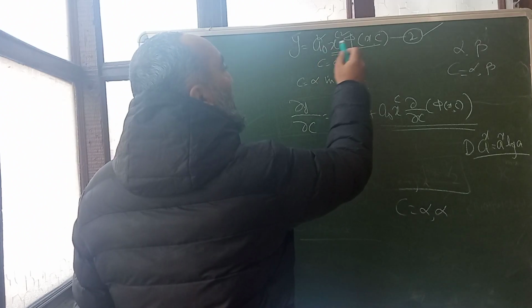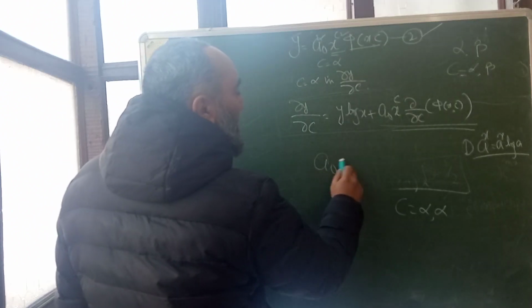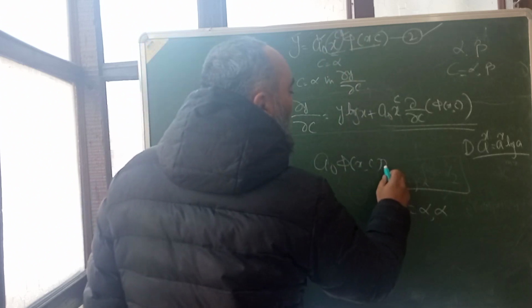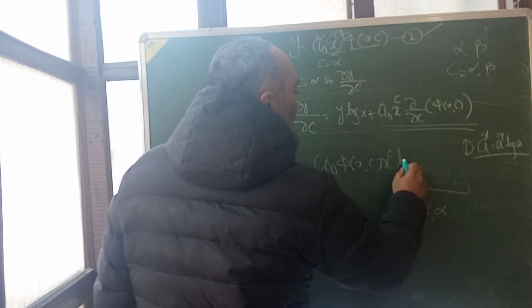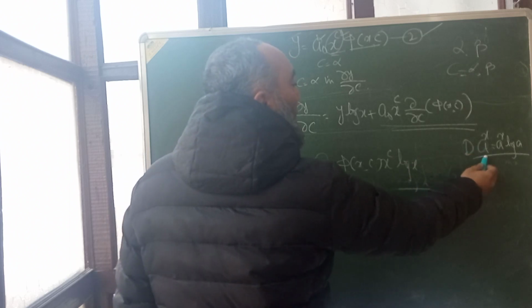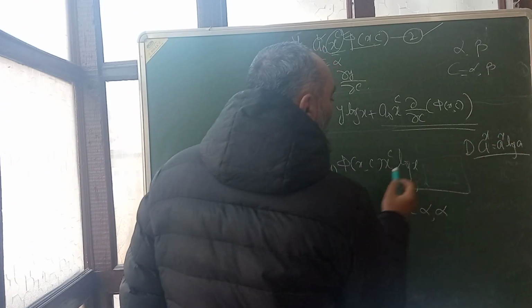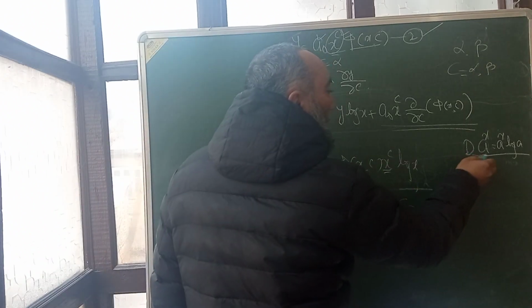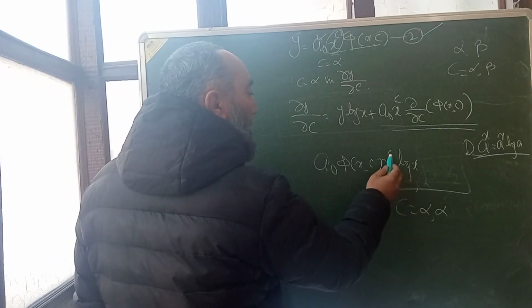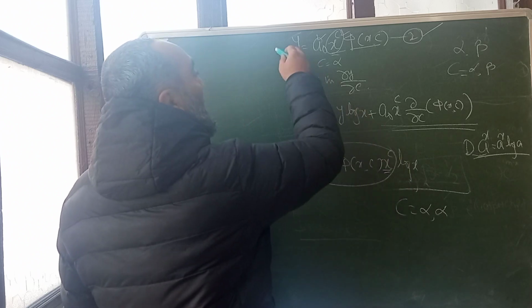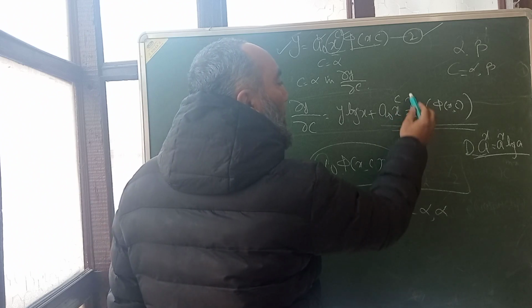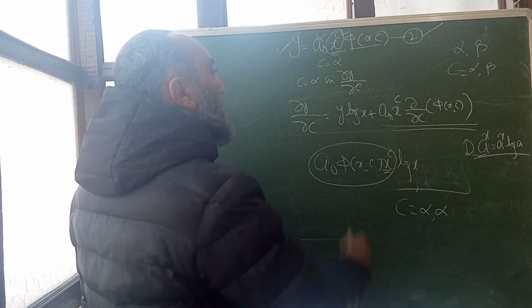Then you have a0 times the function of x, c as it is, times the differentiation of x raised power c, which is x raised power c log x. You have x in your base, whereas there was a in the base. So you have x raised power c log x. This is y as per this. So this is y log x plus a0 x raised power c del by del c of the function of x, c. So you put one value in this 2 and another value in 3.